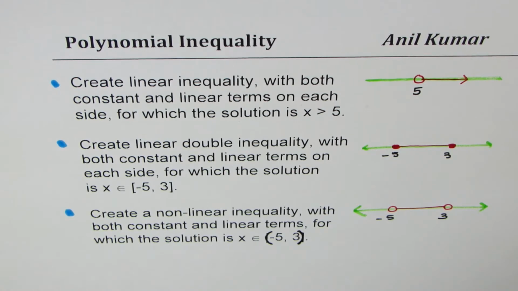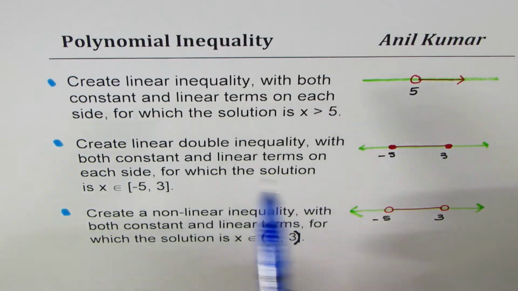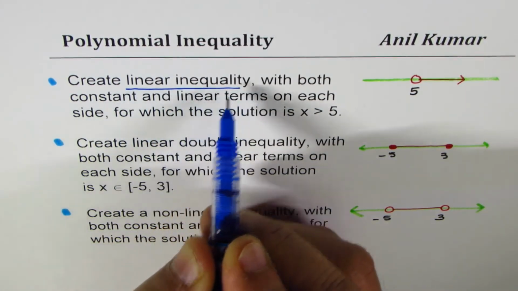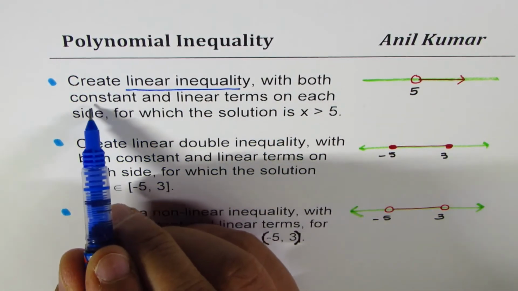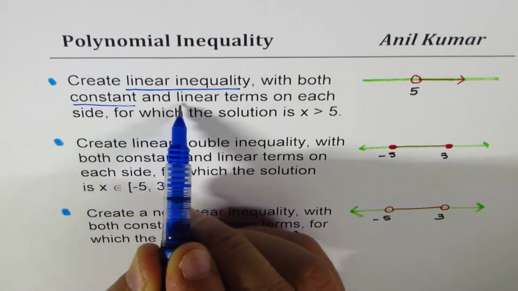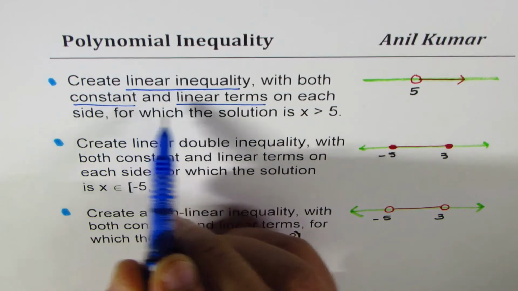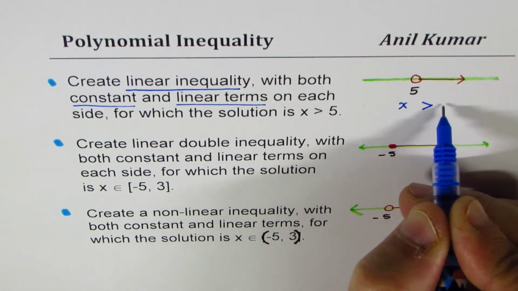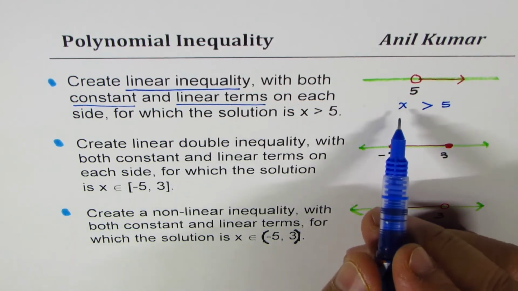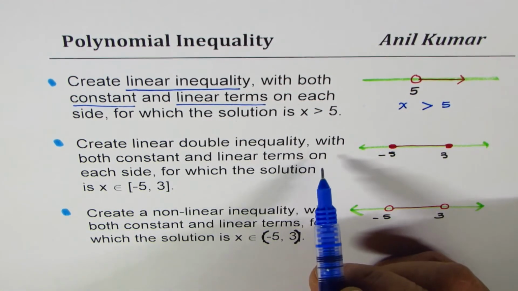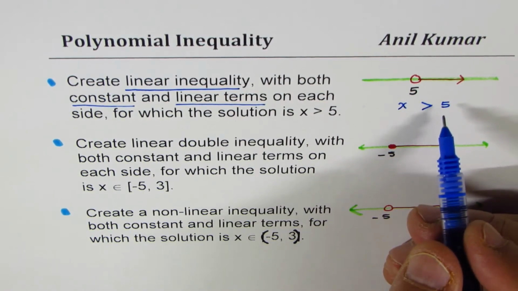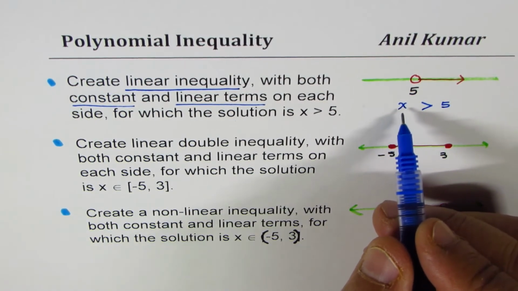So let's write down the answers one by one. The very first one is a linear inequality with both constant and linear terms. It's very important to understand these things. What we are given here is x is greater than 5. Now, x is a linear term. What we can do is add something to it, so we have a constant and a linear term.